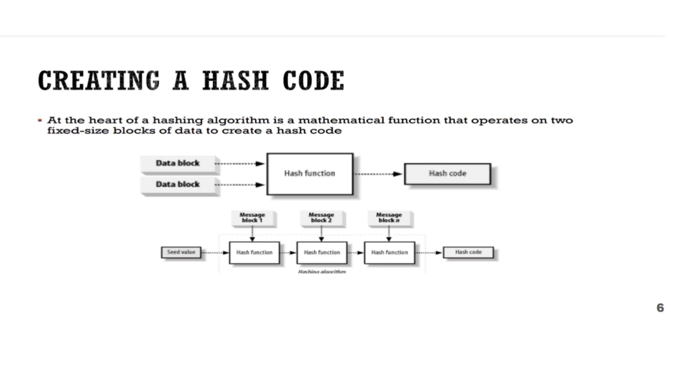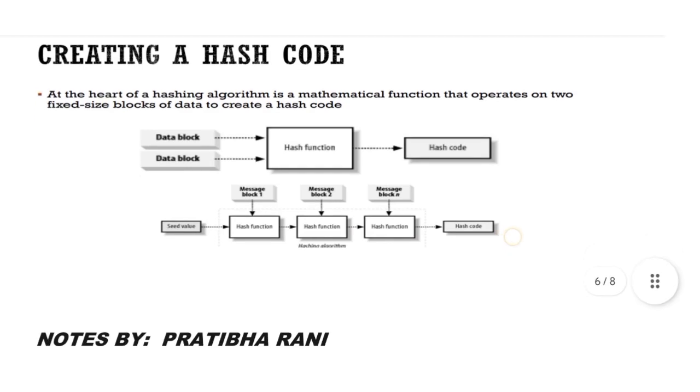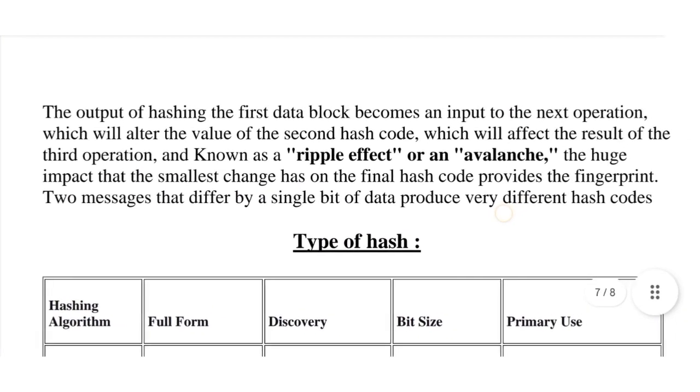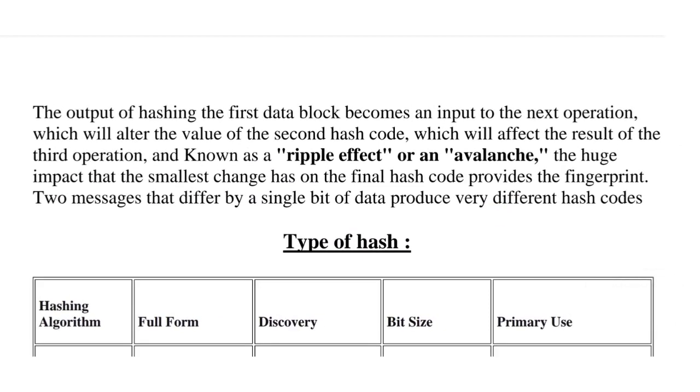For example, here is your data in one data block. After that we apply a mathematical formula, and it gives you a specific hash code, which is different for every file. You can also study the ripple effect here.